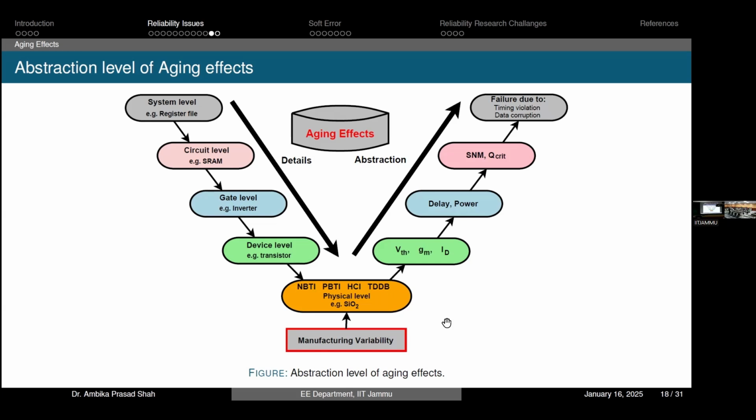Similarly, at the system level, timing violation is important. If one of the processors fails, it will violate the timing and might affect your whole complete system. So timing violation and data corruption are possible at the system level.